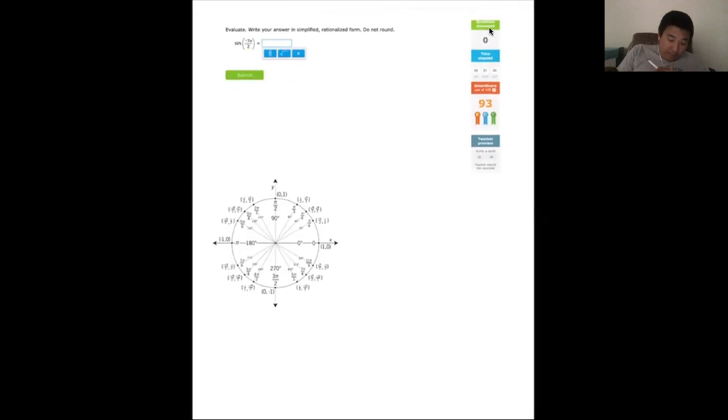So this is negative pi over 2, negative pi, negative 3 pi over 2, and then negative 2 pi. We have to go around again, so negative 5 pi over 2, negative 3 pi, and then negative 7 pi over 2. So we want this one, and we want the sine value, which is 1.